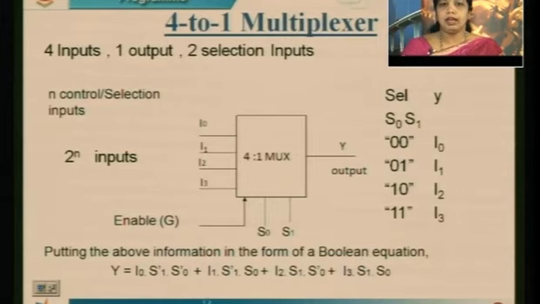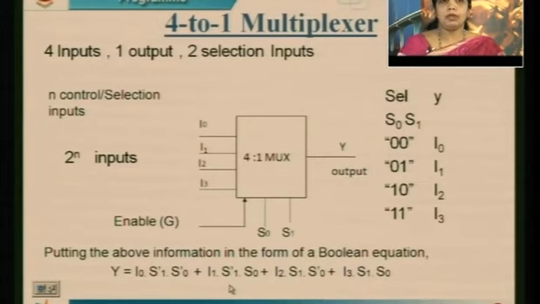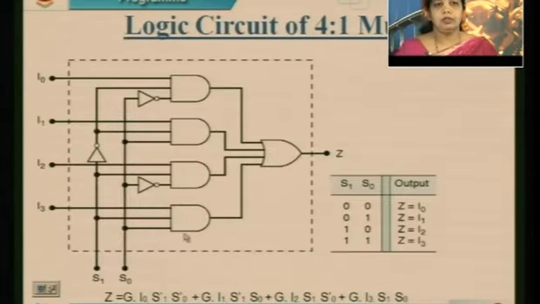Similarly we write the rest of the equation. This is basically an SOP equation, a sum of products. So this is the Boolean equation, and based on the same equation the logic circuit is drawn.